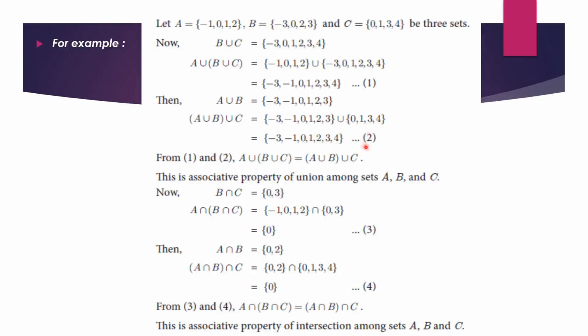And you have to mark that as the 2. Then verify whether these two are equal. Yes, so from 1 and 2, A union (B union C) equal to (A union B) union C. This is associative property of union among sets A, B and C.